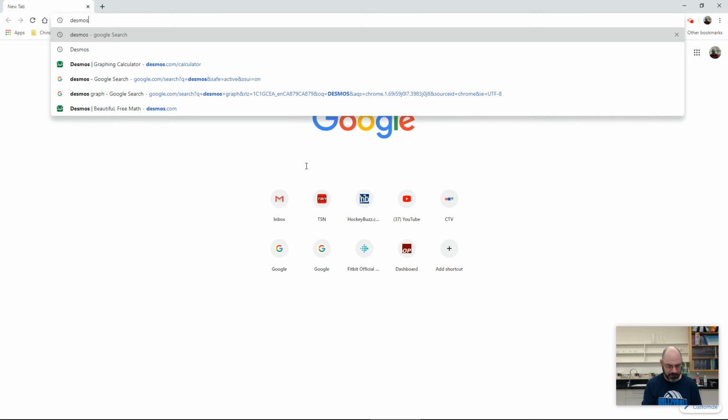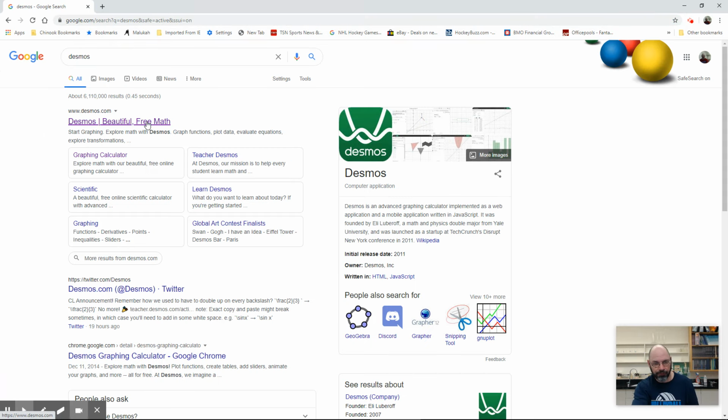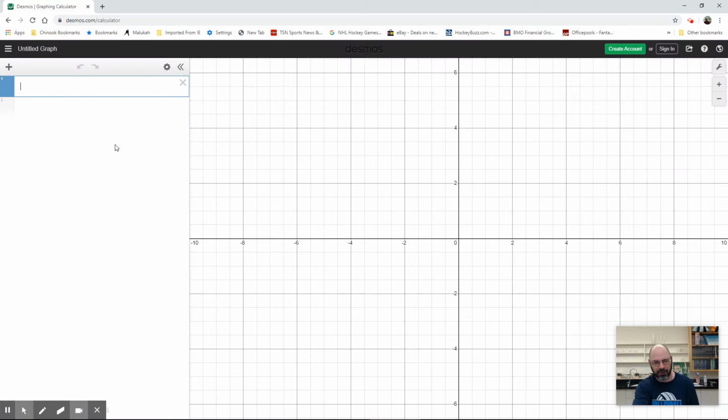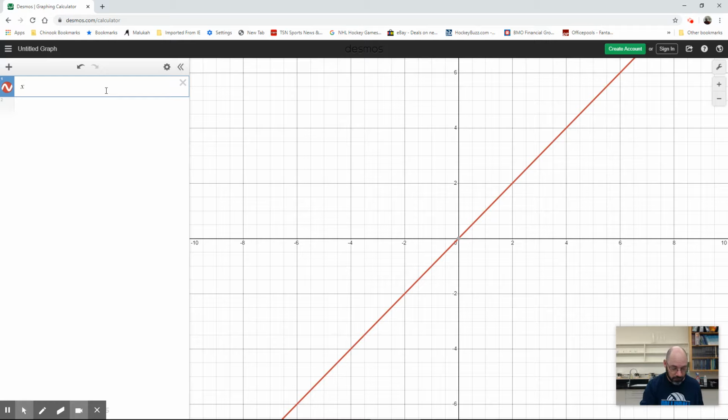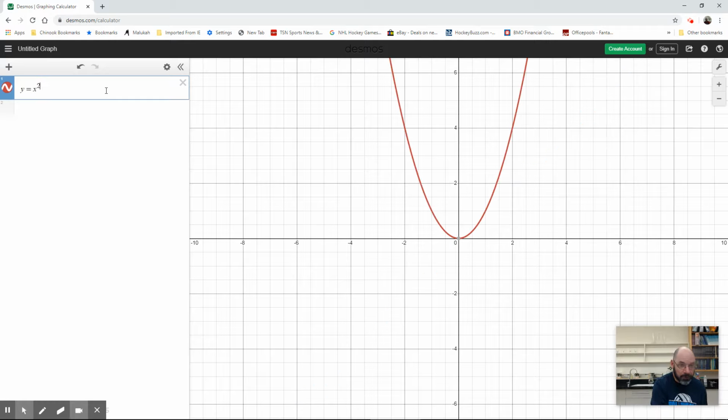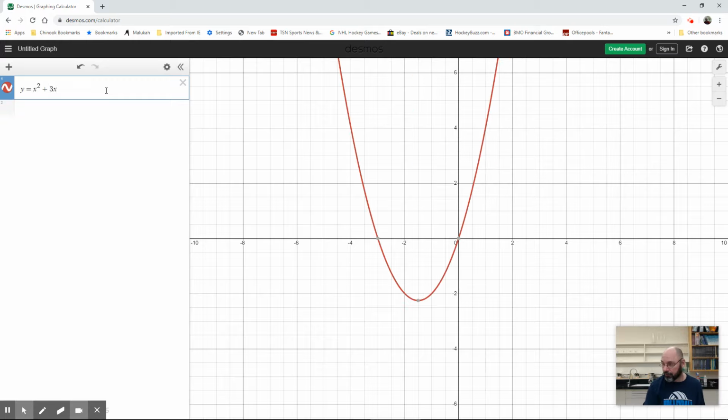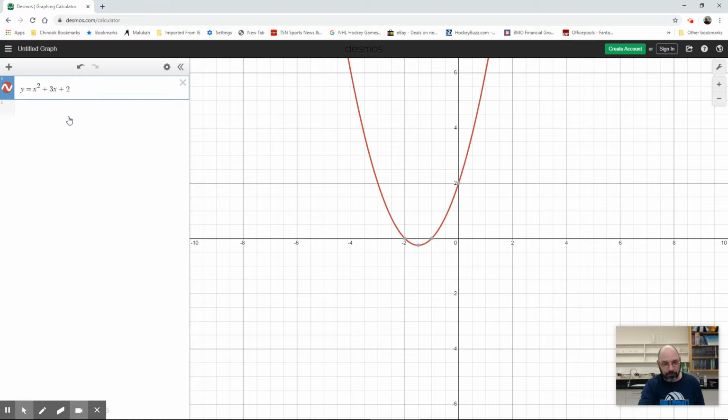You could do this manually too, but since we have the graphing calculator available, we could just put in y equals x squared plus 3x plus 2, like that, and then you can pop the other one in, so that's that one, and then y equals, sorry, minus x squared.